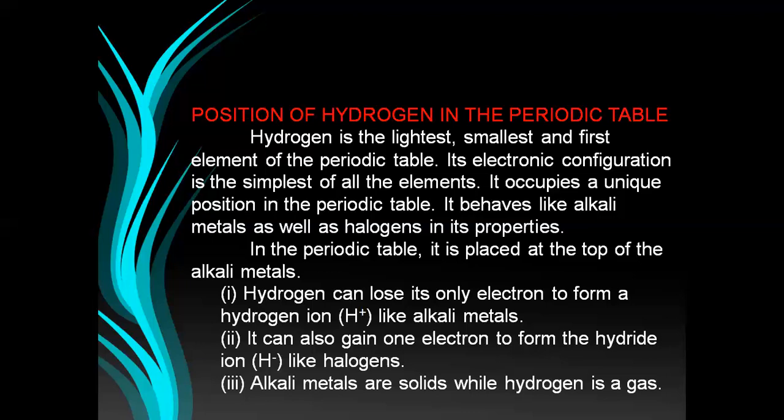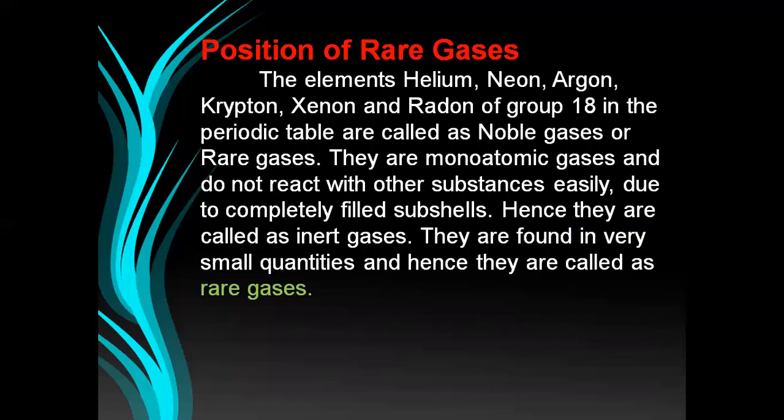Next we have discussed the position of rare gases. Group 18 in the modern periodic table is called noble gases or rare gases because these are monoatomic gases. The group 18 elements are helium, neon, argon, krypton, xenon and radon.